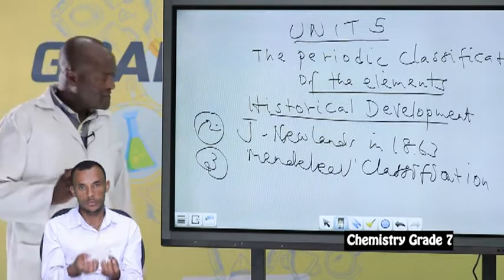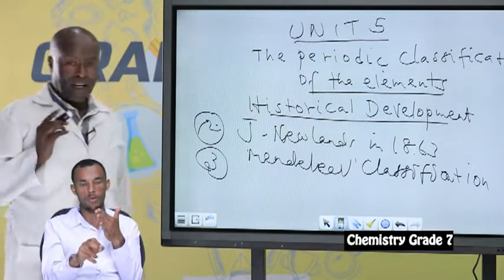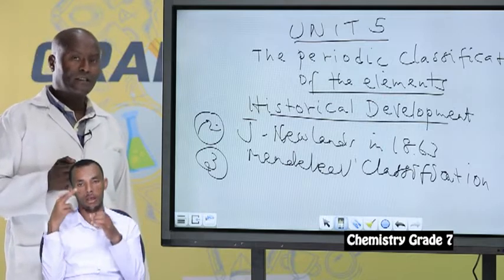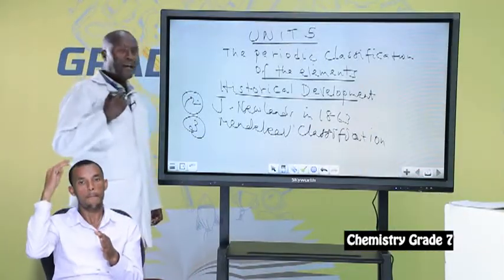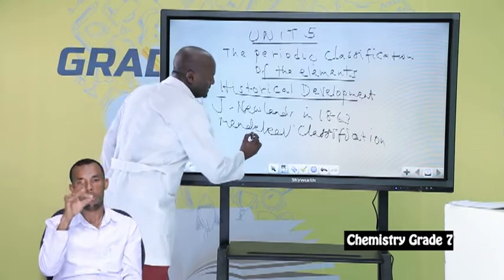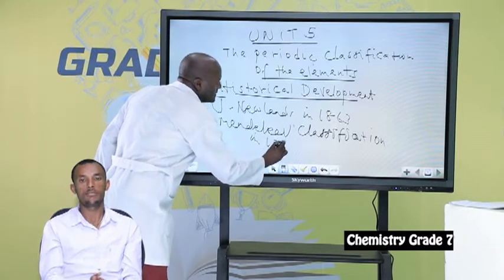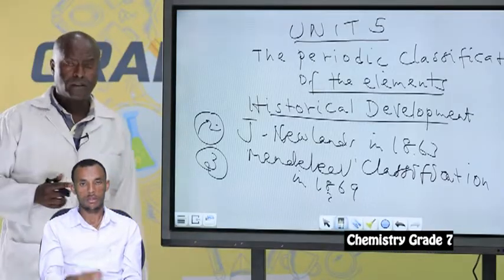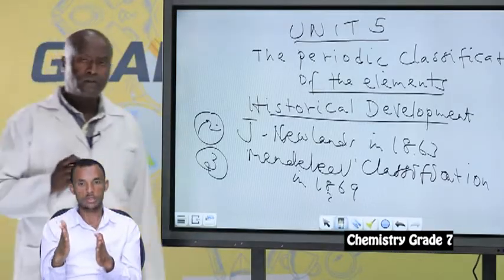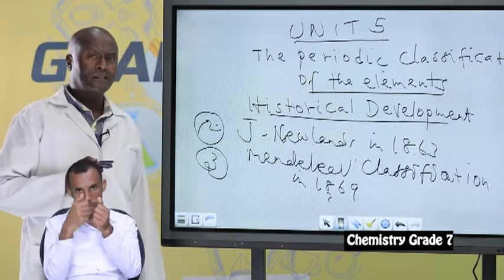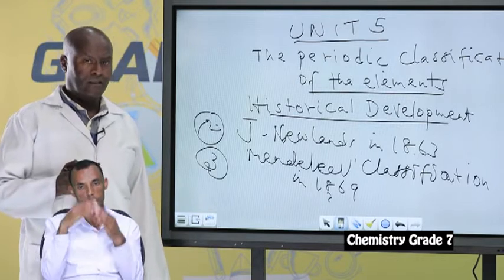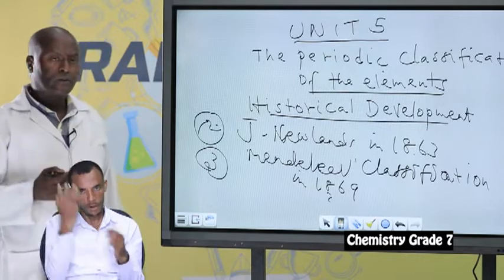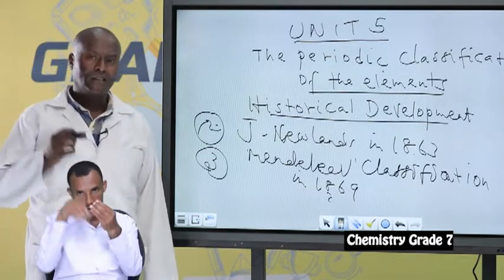The most successful attempt to classify elements was made by a Russian chemist, Dmitri Mendeleev, in 1869. Mendeleev arranged the known elements in order of increasing atomic mass.